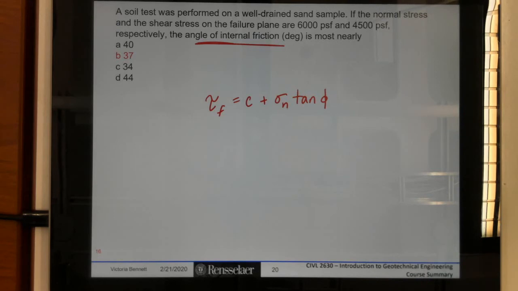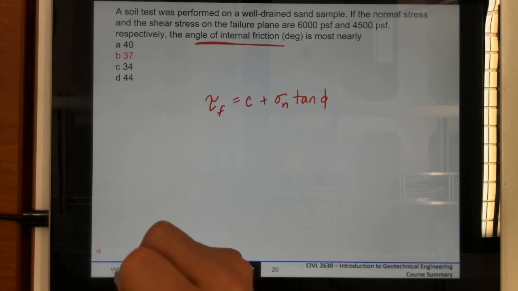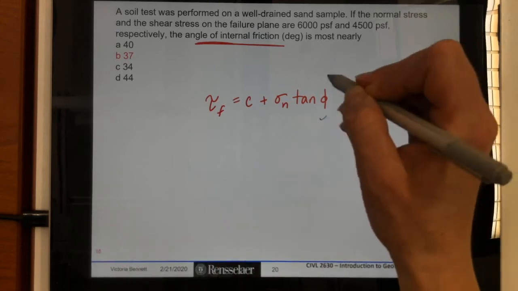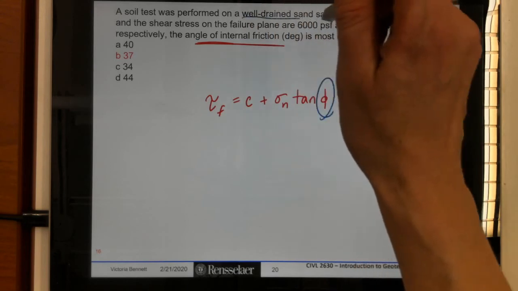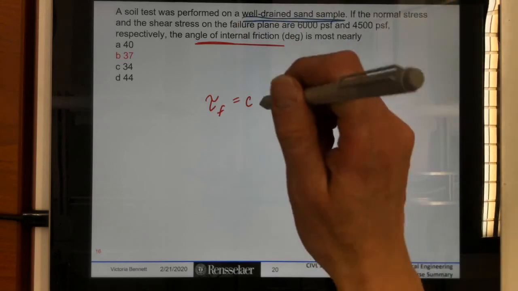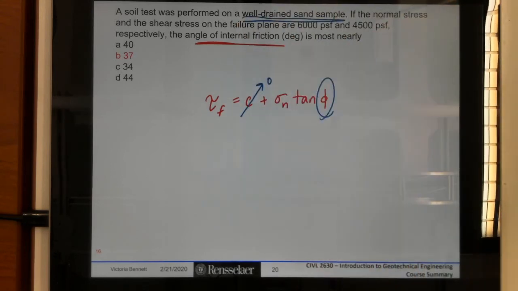So are we given the things that we need to be able to ultimately find the angle of internal friction? Yes, we might have to just recognize that in a well-drained sand sample, the cohesion would be 0. So then we have given information about normal stress and shear stress on the failure plane. On the failure plane means we can take advantage of this equation because the sub F stands for failure.